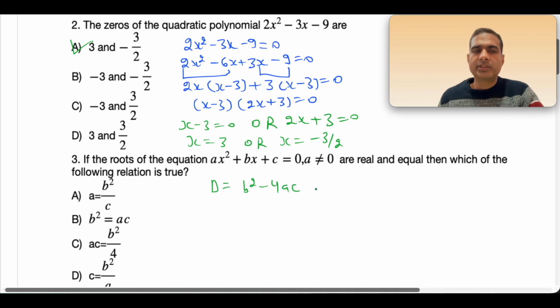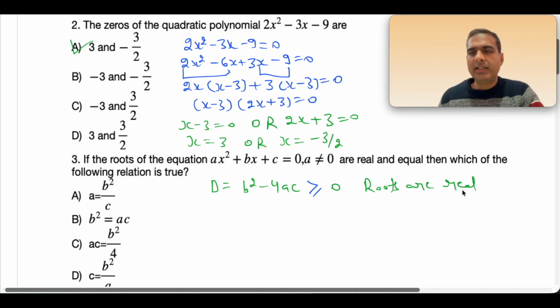So this is the discriminant, and we know that if b square minus 4ac is greater than or equal to 0, then roots are real. So you have to be cautious. Here I have put greater than and equal to sign, both.